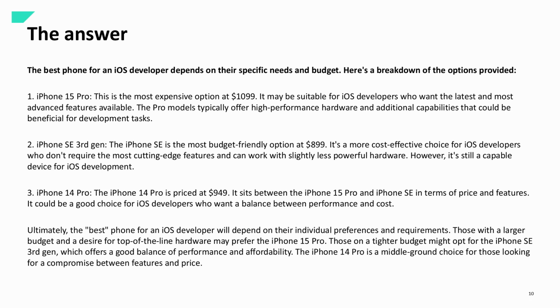And what we get out is a really long verbose description from ChatGPT, like: the best phone for an iOS developer depends on their specific needs and budget. Here's a breakdown of the options provided. I won't read through it now, but you see ChatGPT is enhancing our results out of the embeddings request that we did.